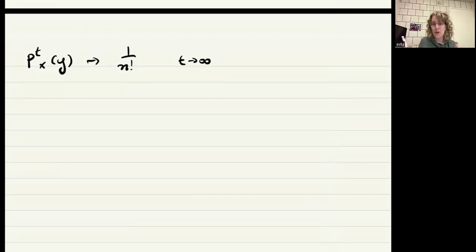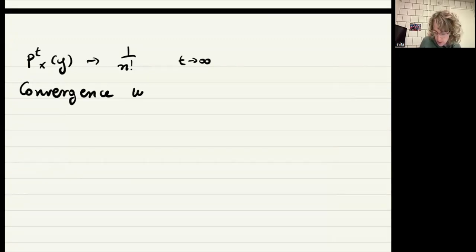So we will be converging to the uniform measure. And we usually like to study this convergence with respect to the total variation distance. Let's define the total variation distance. It really is just the L1 norm.